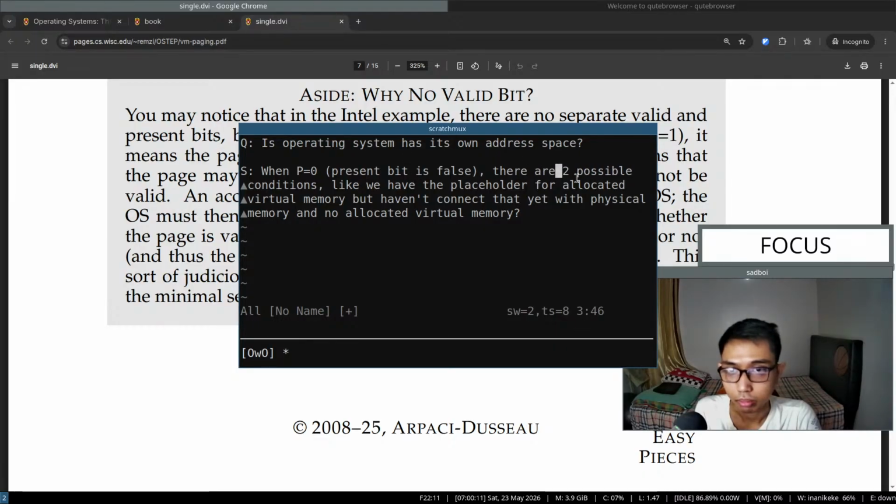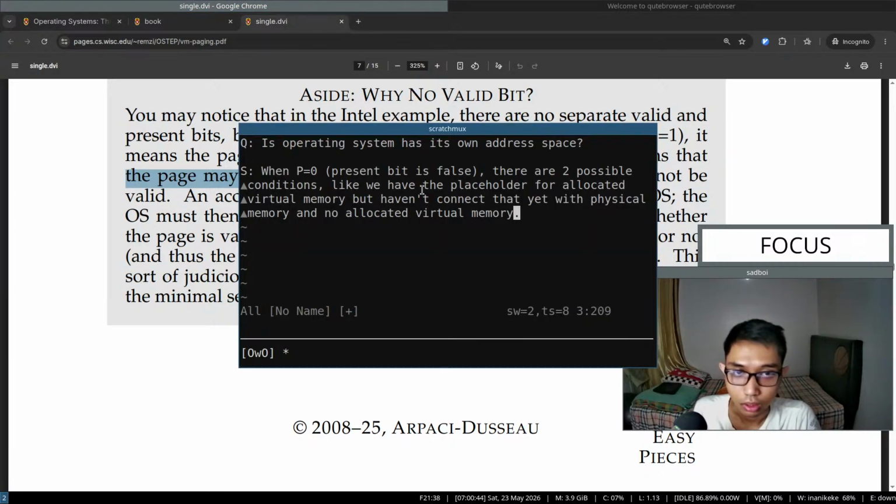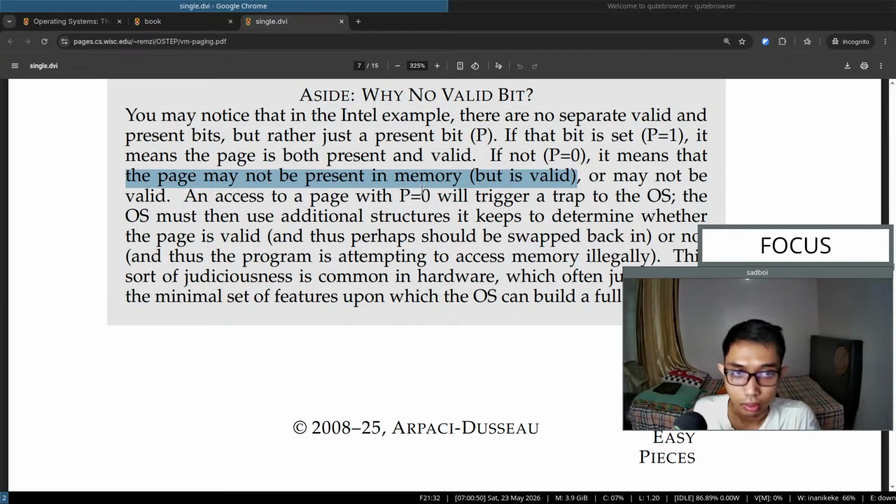There are two possible conditions. The page may not be present in memory but is valid. So what is it called? The page exists in the page table, but we haven't connected the virtual page number to the page frame, I guess.